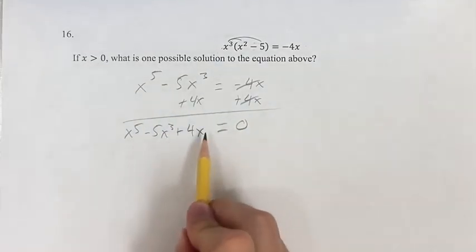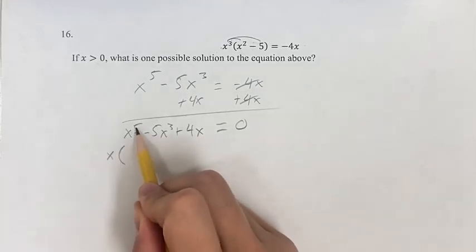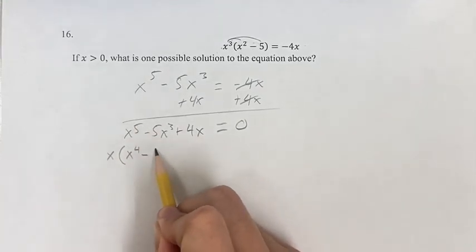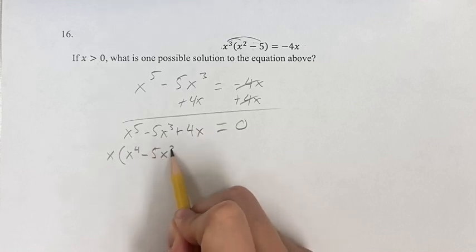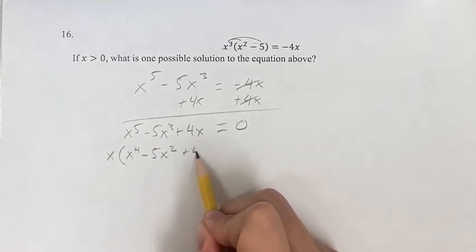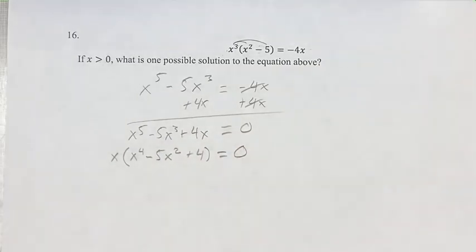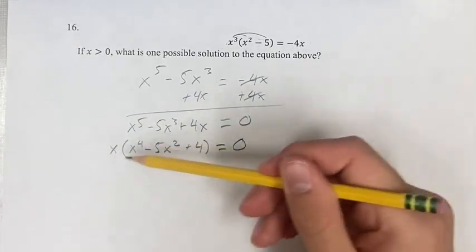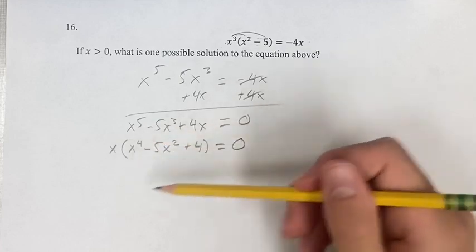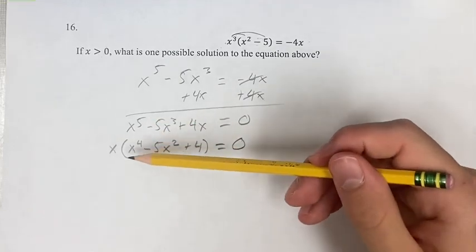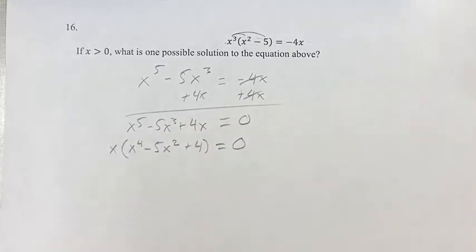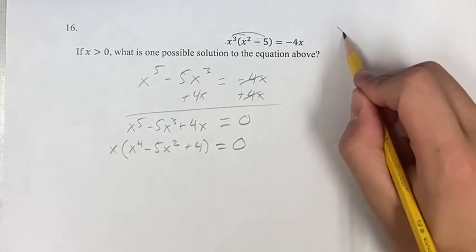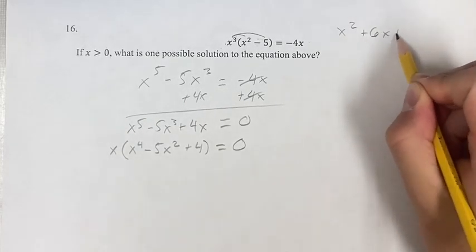We can pull out an x from all of these terms. So x to the 5th becomes x to the 4th, minus 5x cubed becomes x squared, and then plus 4x takes out the only x that we have. So now we have x, and then in here we have a trinomial, a polynomial with 3 terms, and normally you'd have something like x squared plus 6x plus 9.